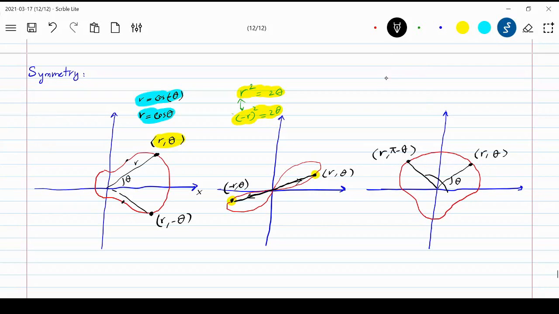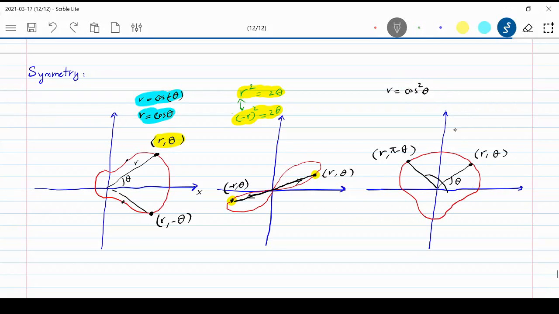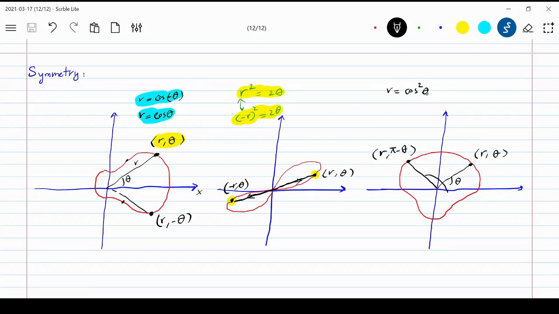This is when you're dealing with something like r equals cosine squared theta, because cosine theta and cosine of pi minus theta are opposite, and when you square it, you get the same thing. This doesn't happen that often, but if it does, replacing theta with pi minus theta, you still get the same curve.